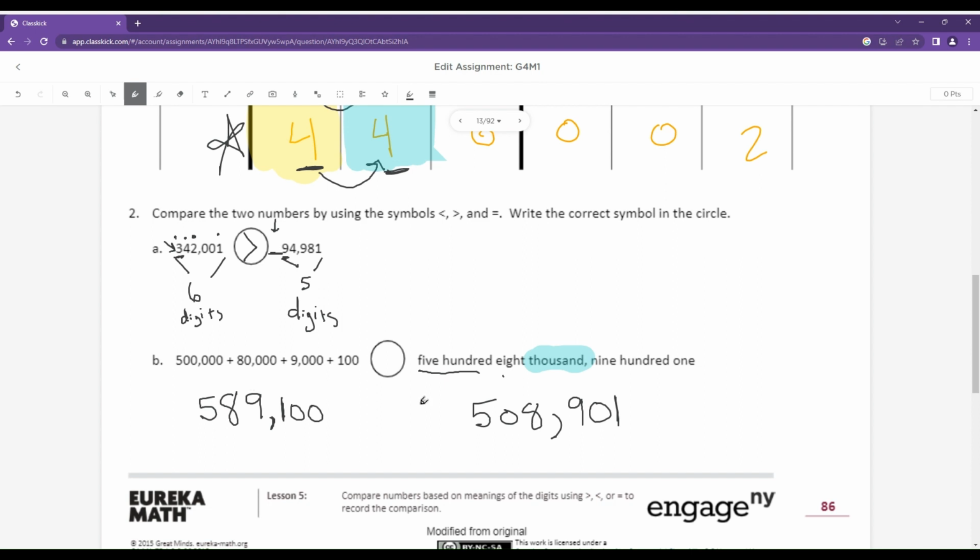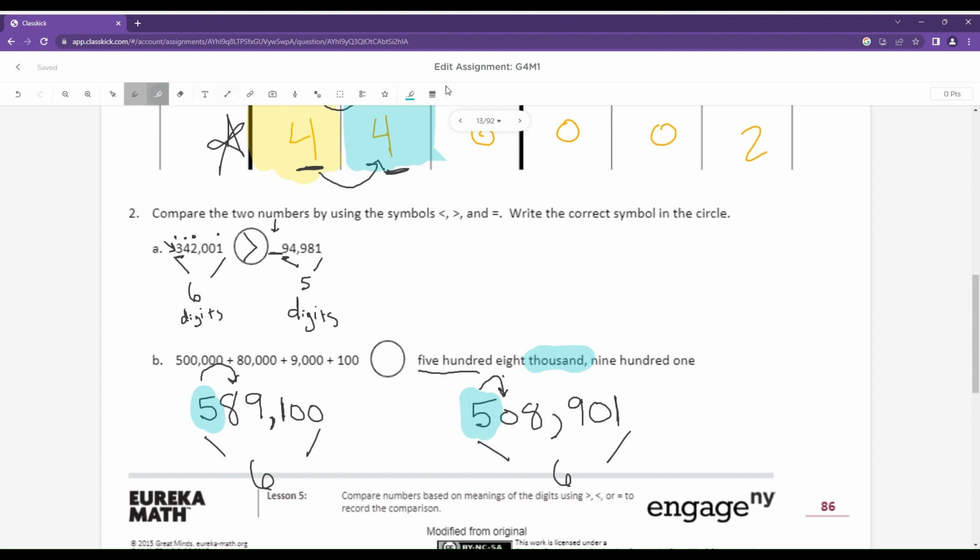In this case, I have 6 digits in both cases. So I'm comparing numbers that show the same amount of digits out to the 100,000s place. First thing I'm going to do is look at my 100,000s place. A 5 compared to a 5. Well, those are both the same, so I'm not able from there to determine which number will be larger or smaller. So I need to move over to the next smallest place value, which is my 10,000s.